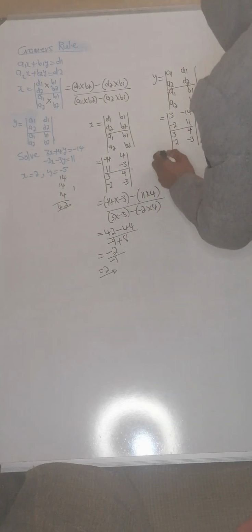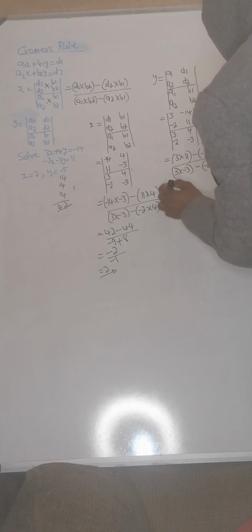Very, very important. Now let me just apply the multiplication. I'm saying 3 times 11 minus minus 2 times minus 14, all divided by 3 times minus 3 minus minus 2 times 4.